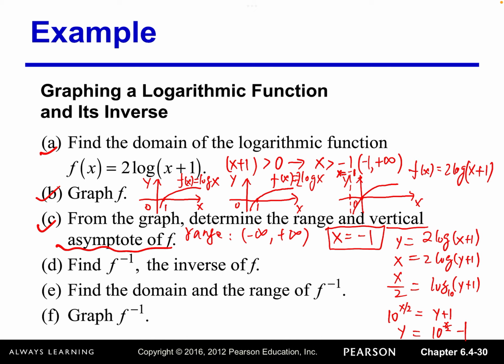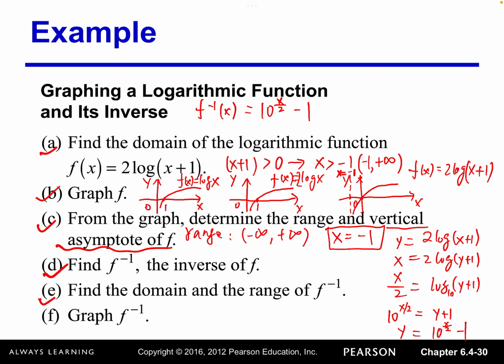We can write it as, I don't have space, so I write on the top: the inverse function of x equals 10 raised to the x over 2 power minus 1. So we got D done. Then find the domain and range of the inverse function.